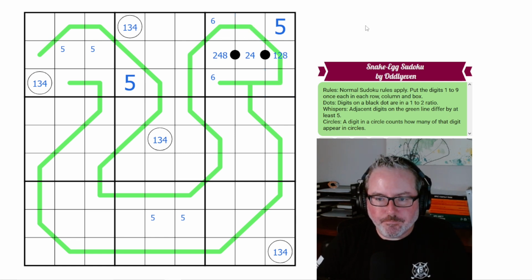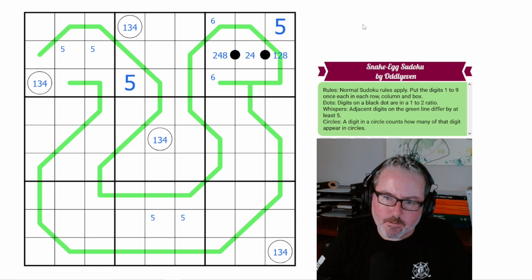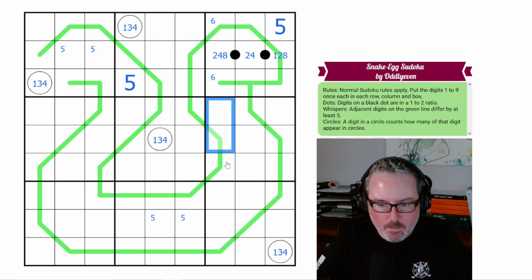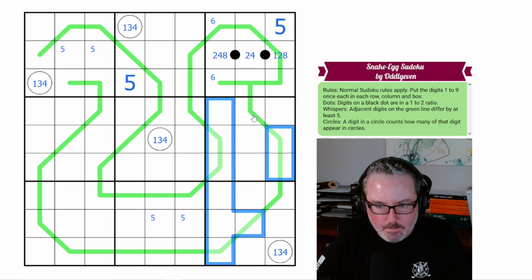The other... there's not much else that I don't think there is much else I can look at there, unless I can use this 6 in some other fashion. So I can remove 6 from all of these, from here, from here, from here, but not from there. So that doesn't really do a whole lot for me.